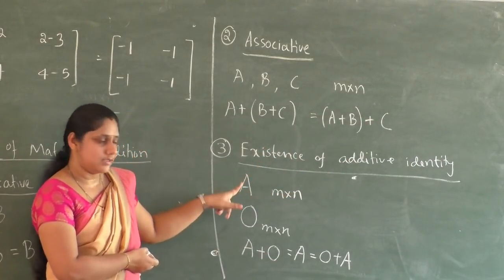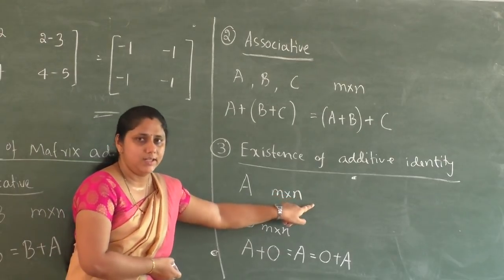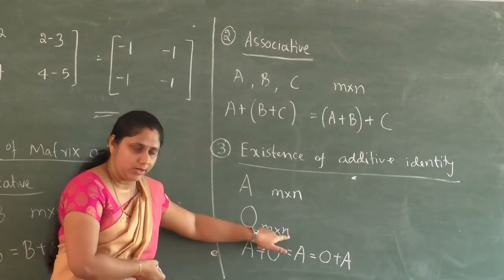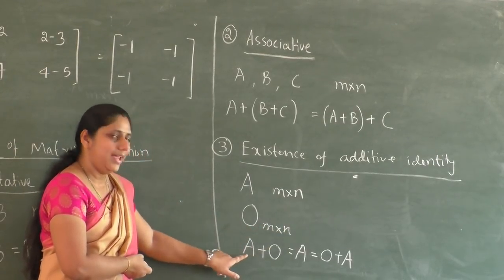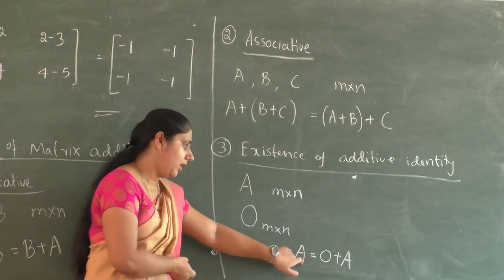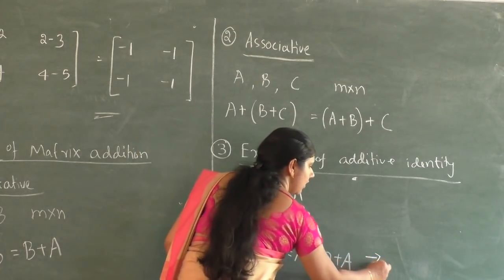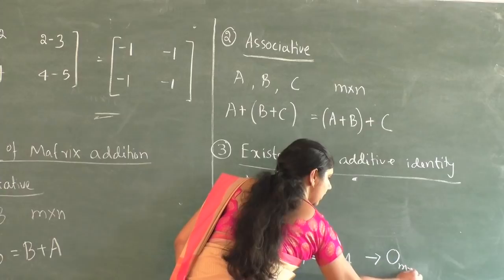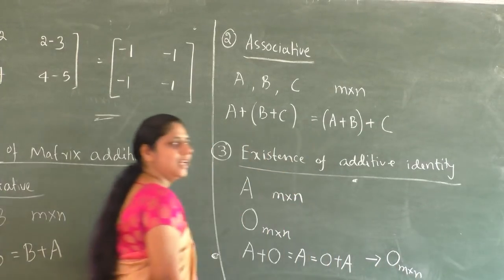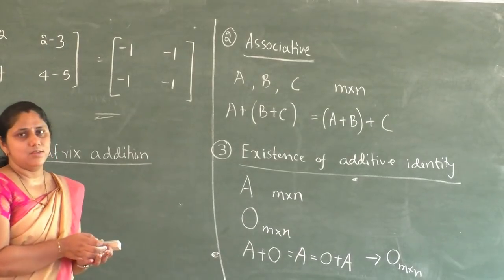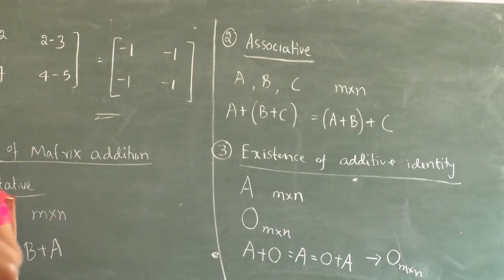So for any matrix A of order m cross n, there exists a matrix O of the same order with the condition A plus 0 equal to A, which is equal to 0 plus A, and this matrix O is called the additive identity. So this is regarding existence of additive identity.